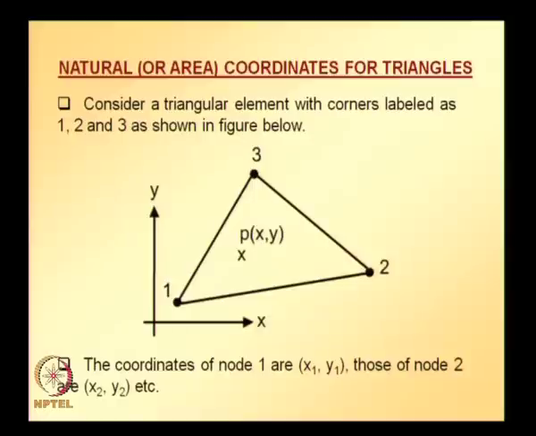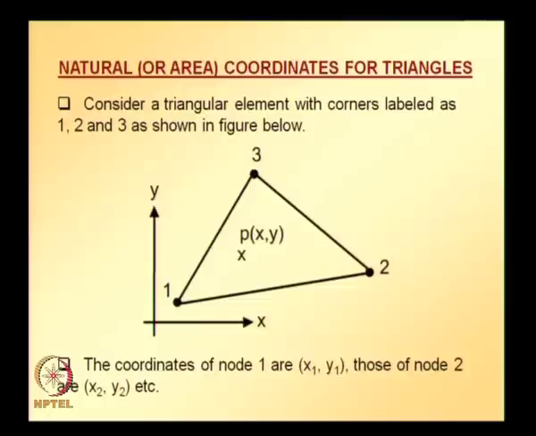To understand that, let us consider a point P inside the triangular element like the way it is shown in the figure, and if this point P is connected with each of these vertices 1, 2, 3, and based on area opposite to node 1, area opposite to node 2 and area opposite to node 3, we define what are called natural or area coordinates.